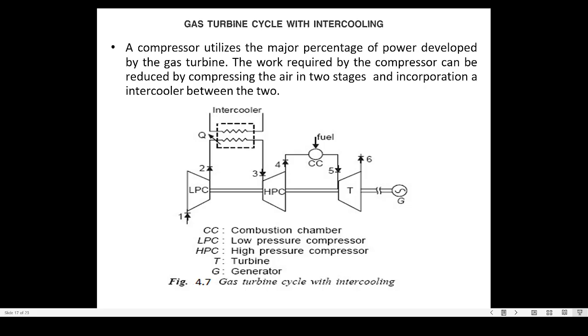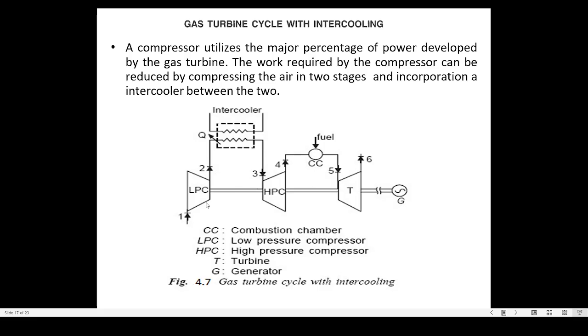One compressor is called the low pressure compressor, and the other is the high pressure compressor. Both the compressors, the turbine and the generator are mounted on a single horizontal shaft.